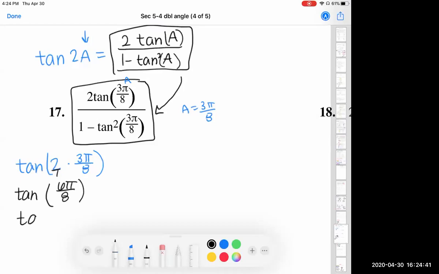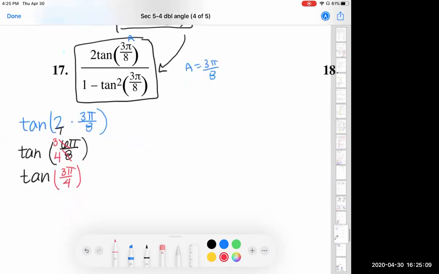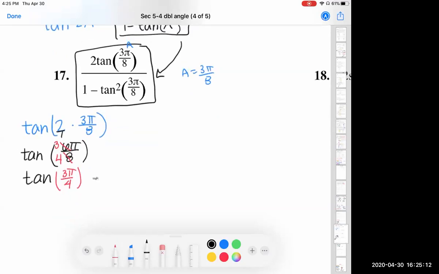And that reduces, right? I have a common factor of 2. 6 divided by 2 is 3. 8 divided by 2 is 4. So we're left with 3 pi over 4. 3 pi over 4 is 135 degrees. So we want to find tangent at 135 degrees. That would be -1. So our answer is -1.